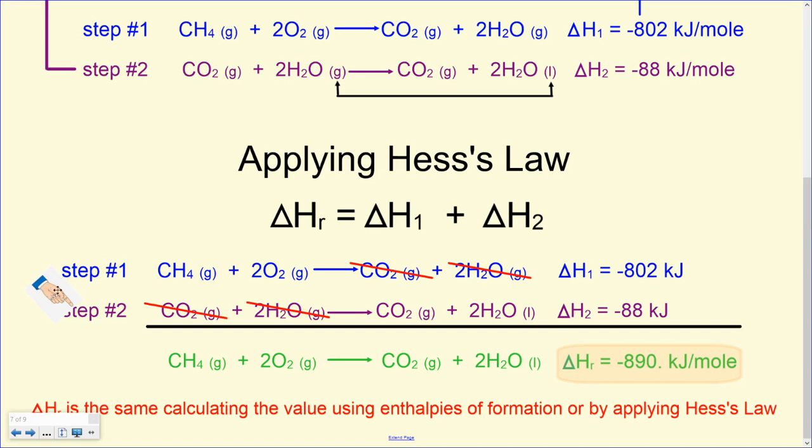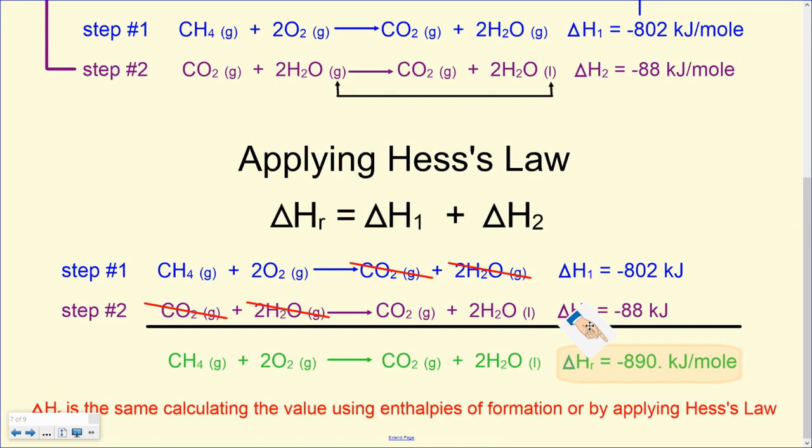As we've done previously, if you have something on the left side of the equation and on the right side of the equation, we can cancel it out. So we cancel them out, and according to Hess's Law, the enthalpy of the reaction is going to equal the enthalpy of reaction 1 plus reaction 2. It comes out to equal negative 890. And that is what we had in the previous example we just worked out using enthalpies of formation.